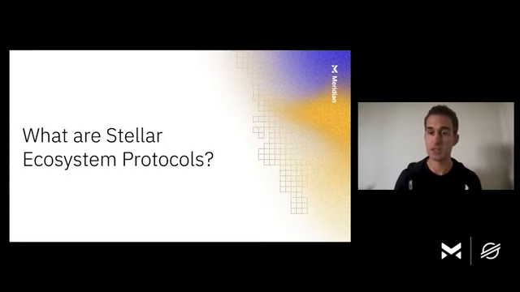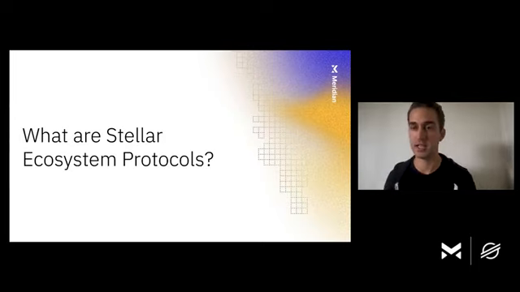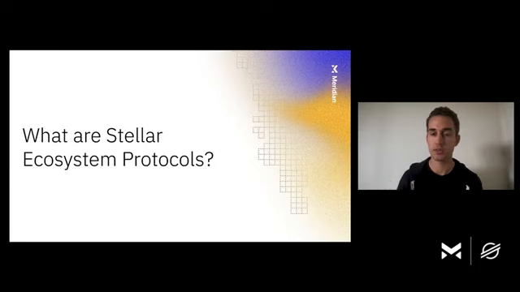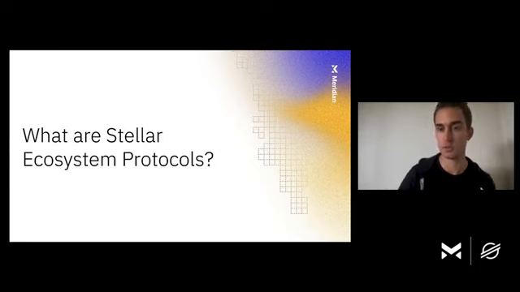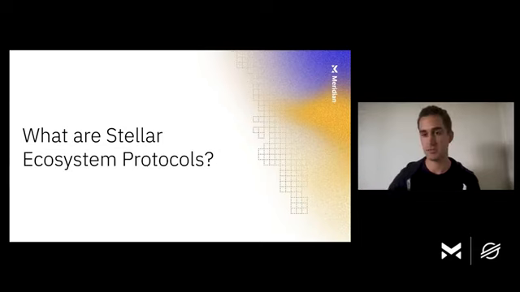So, for example, of these Stellar ecosystem protocols, the one that we're going to talk about the most is the on and off ramp protocol, or what we call the hosted deposit and withdraw API. What this does, for example, is if I, as a user, have funds in my Stellar account and I want to get cash or have an ACH deposit into my bank account, I can work with an anchor, and we'll go over what those are in a second, who exchanges my fiat currency or my cryptocurrency for the other asset.